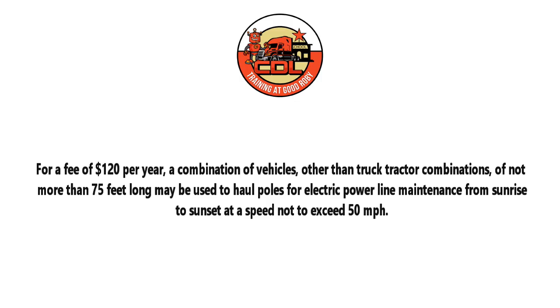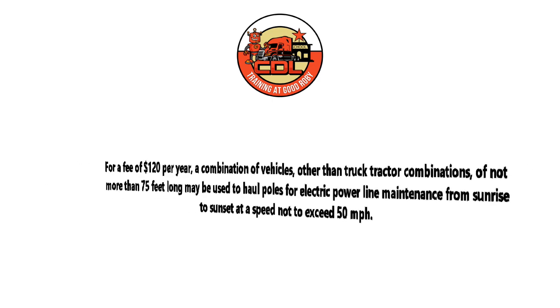For a fee of $120 per year, a combination of vehicles, other than truck-tractor combinations, of not more than 75 feet long may be used to haul poles for electric power line maintenance from sunrise to sunset at a speed not to exceed 50 miles per hour.